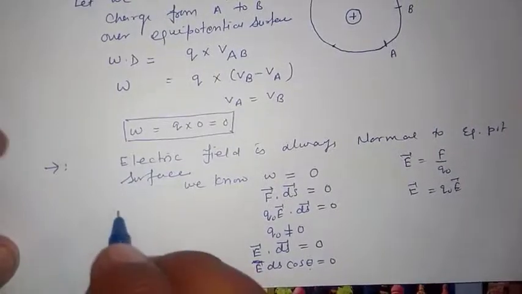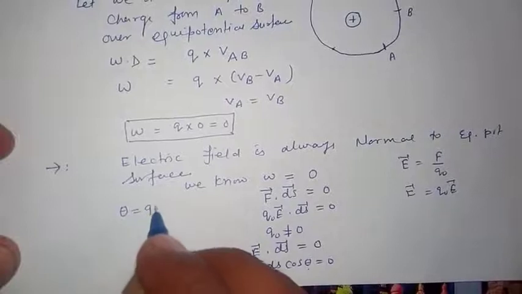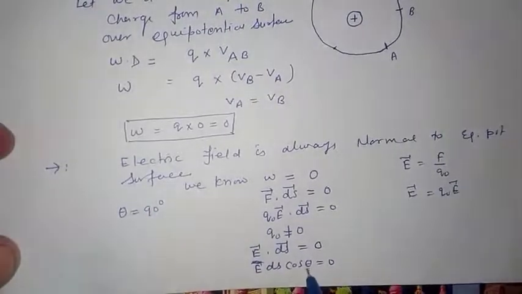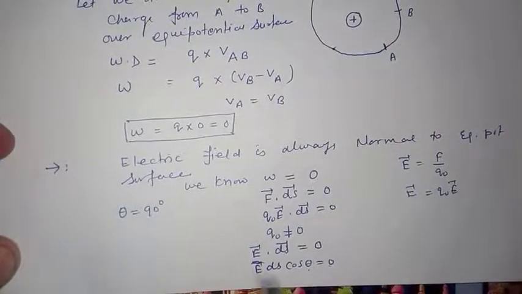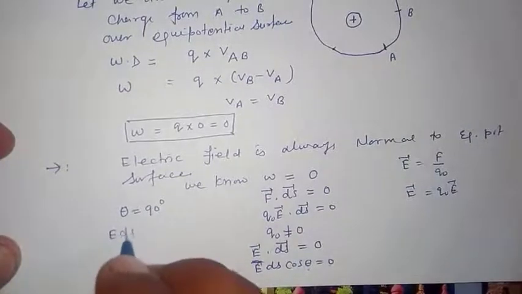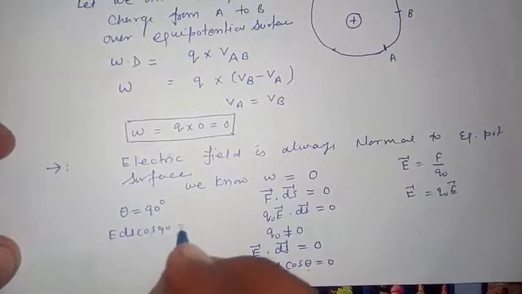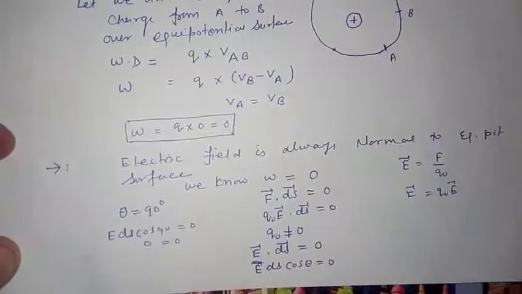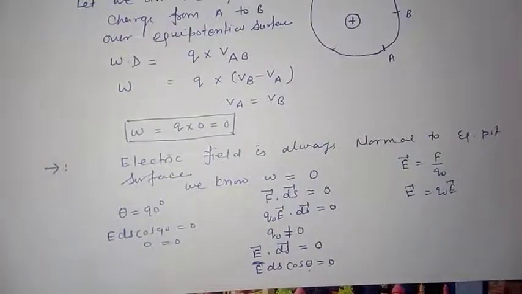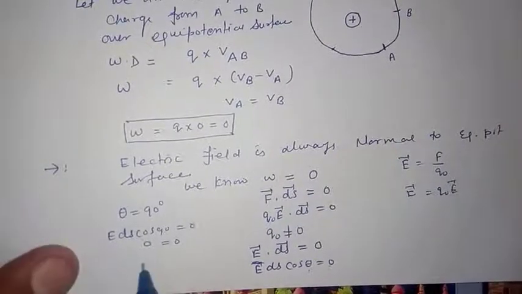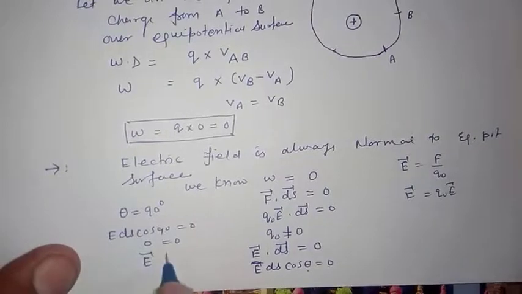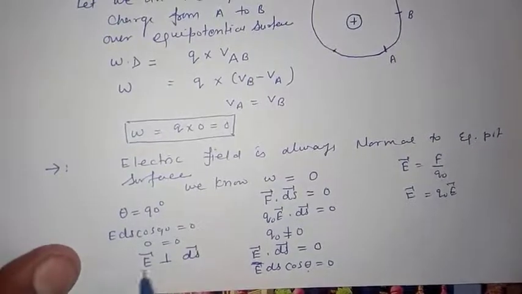It means theta should be equal to 90 degrees, because cos 90 is 0, right? So E ds cos 90 is 0, so 0 equal to 0. In that way the equation is satisfied. It means electric field is perpendicular to the surface.